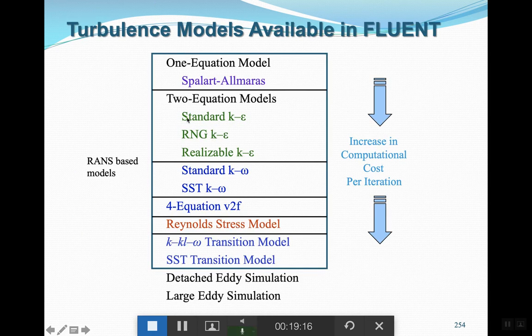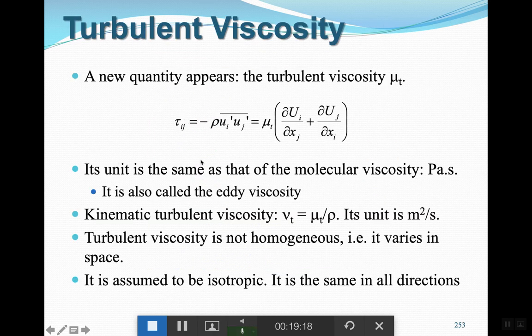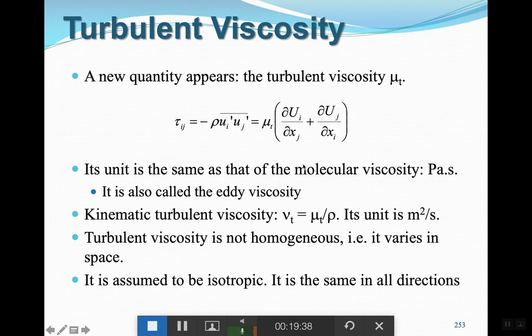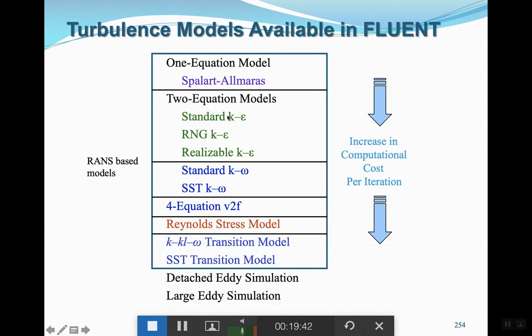Now, up to this point, all the RANS models have the same logic. They do not differ in anything up to this point. But from this point on, depending on how they calculate mu t, they will differ.